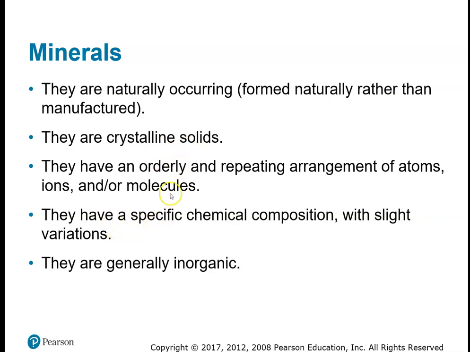Another condition is they have to have a specific chemical composition, and they can have slight variations, as we're going to see, like the difference between quartz and a ruby, for example. We'll get into that in just a bit. And they have to be inorganic, right? They have to be inorganic.